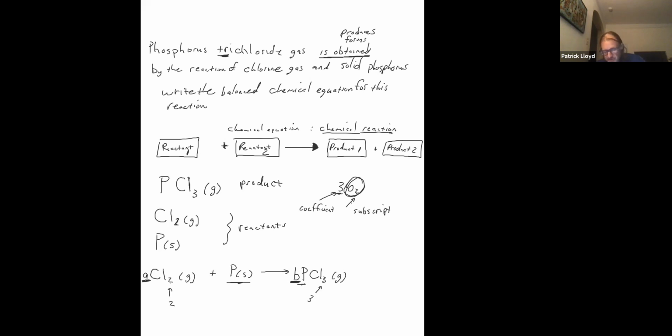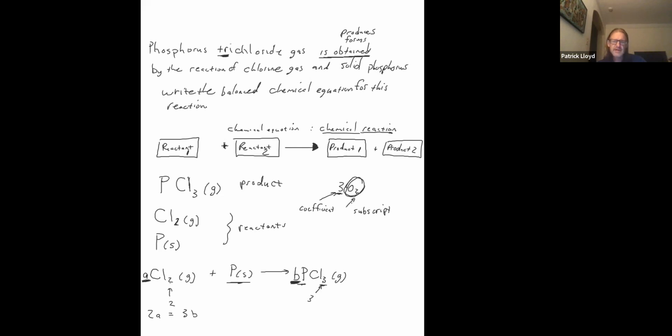The subscript times the coefficient should be the same on both sides. So 2A has got to equal 3B.